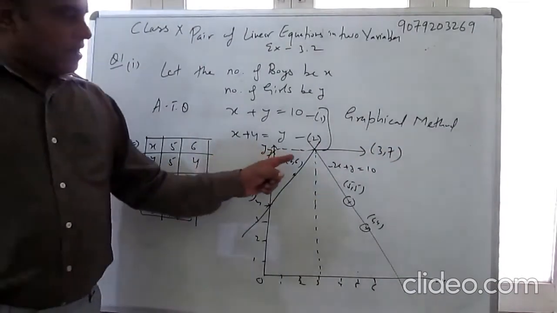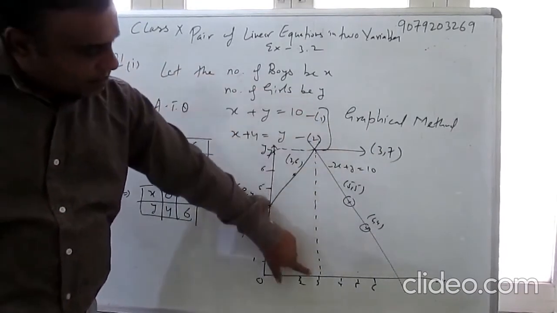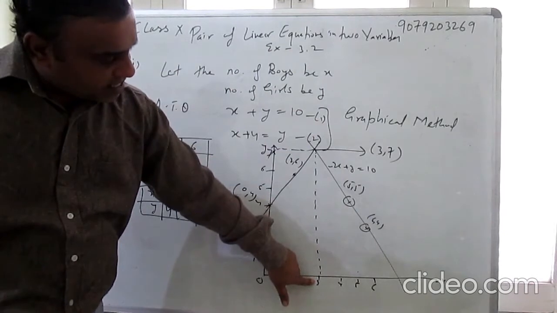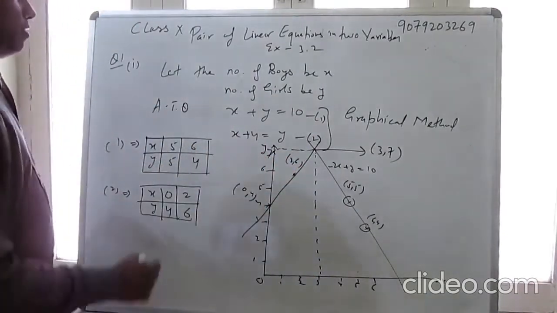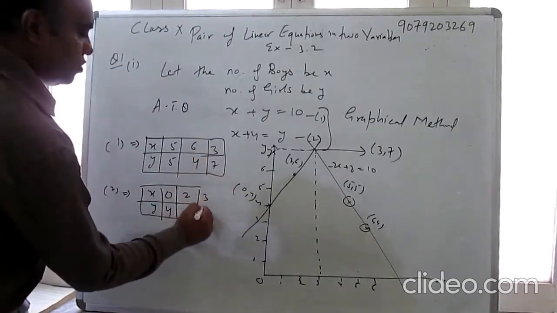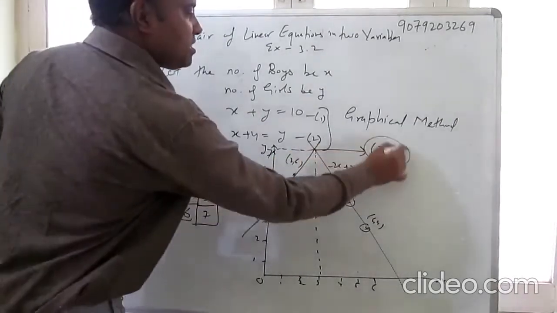If you draw a line touching the x-axis, it touches x-axis at 3 and y-axis at 7. Now 3, 7. Here also 3, 7. So this is the solution. This is our intersecting point.